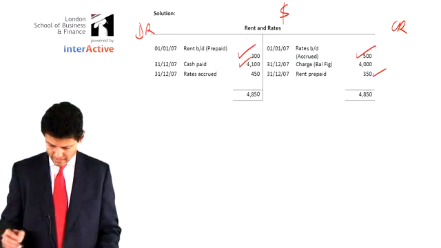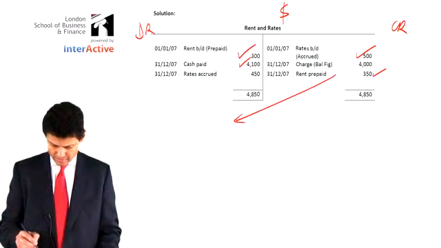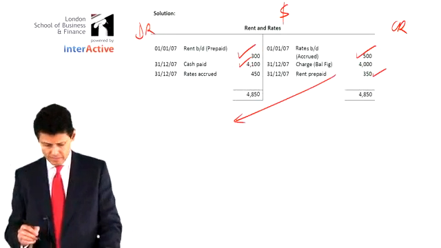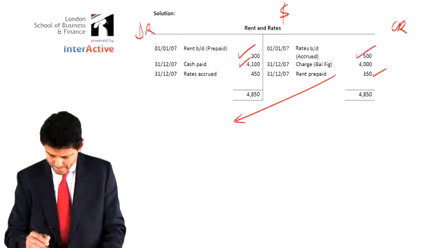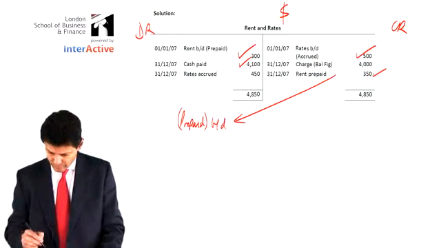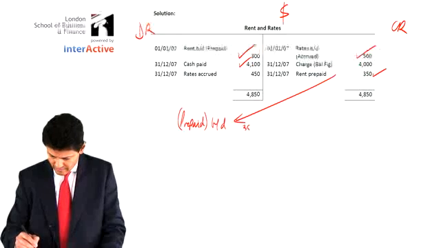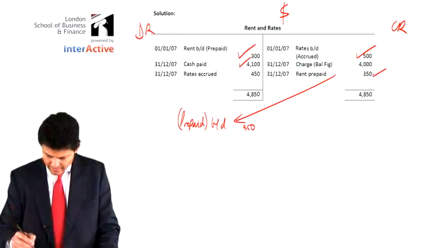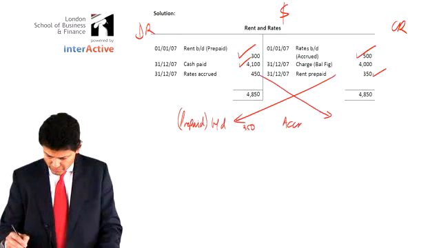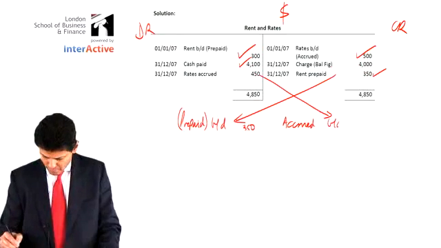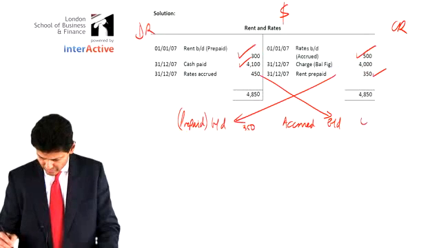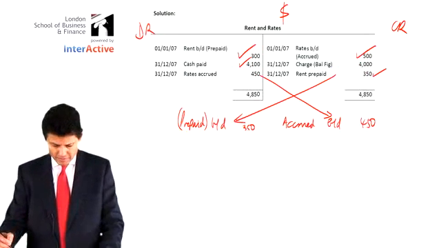That goes here. And obviously that comes down like that. So we're going to have prepaid brought down of 350 at the start of next year, and this 450 will be an accrued brought down of 450, and so it goes on.